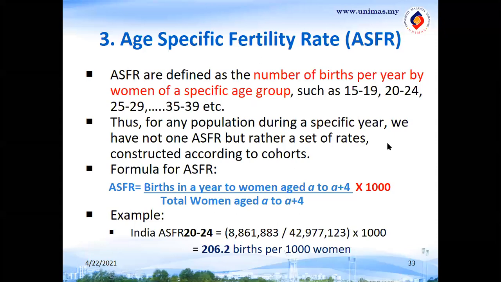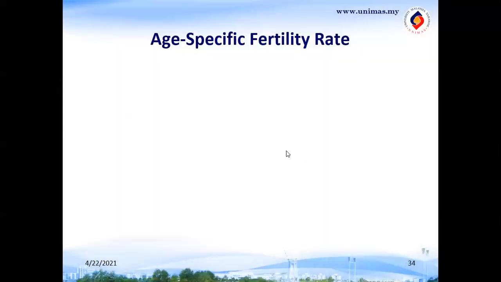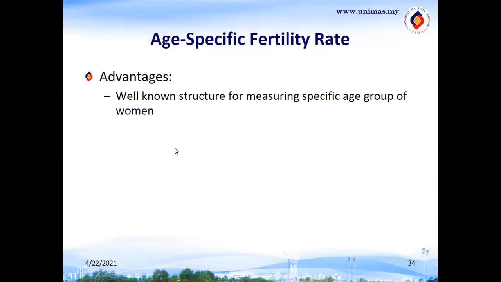The third one has advantages and also disadvantages, like the previous two. So the advantage of the age-specific fertility rate is that it is a well-known structure for measuring fertility for a specific age group of women. That's a good thing.